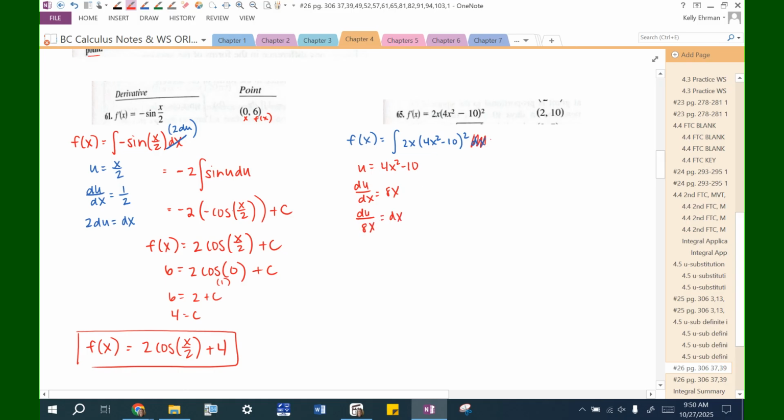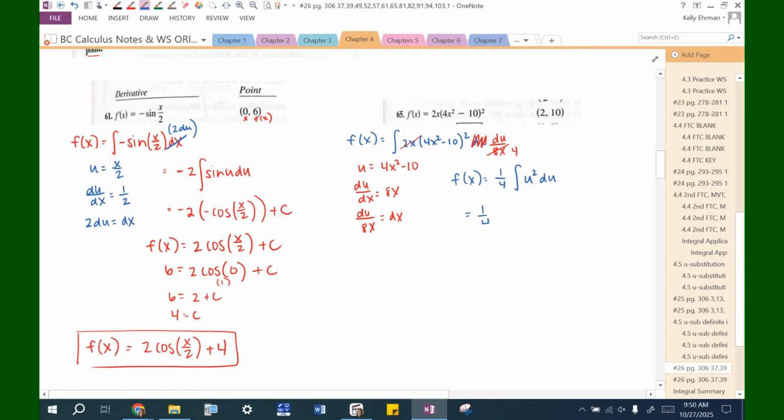So take this dx out, replace it with du divided by 8x. 2x over 8x reduces to 1/4. So now I have f of x equals 1/4 times the integral of u squared du.